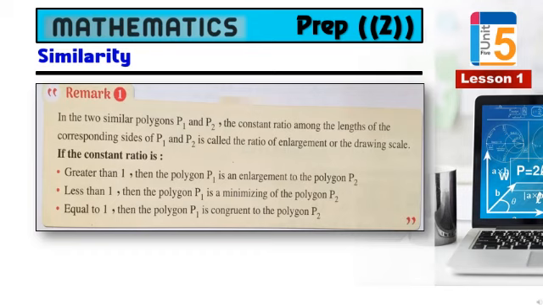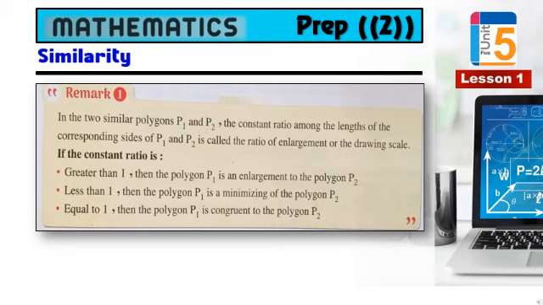Okay, now we have some important remarks. Remark number 1: there are 3 cases of constant ratio. Number 1, if the constant ratio is greater than 1, then the polygon P1 is an enlargement of the polygon P2.